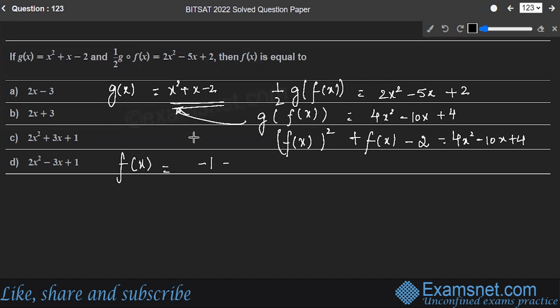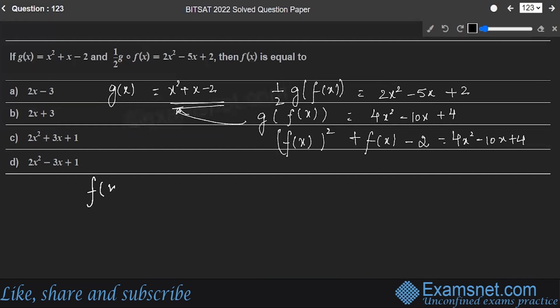This will be minus 1 plus minus, so let's write it here. First, f(x) squared plus f(x) minus 4x squared minus 10x, this will be plus 6 is equal to 0.